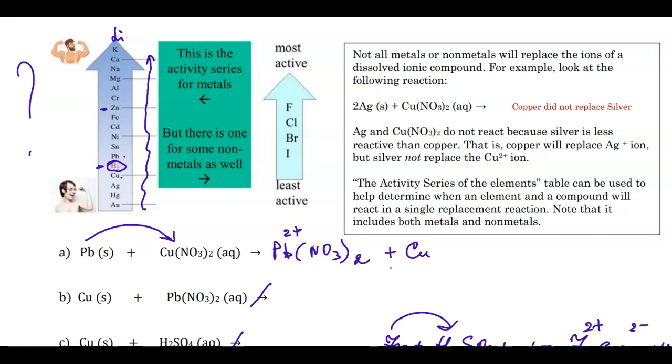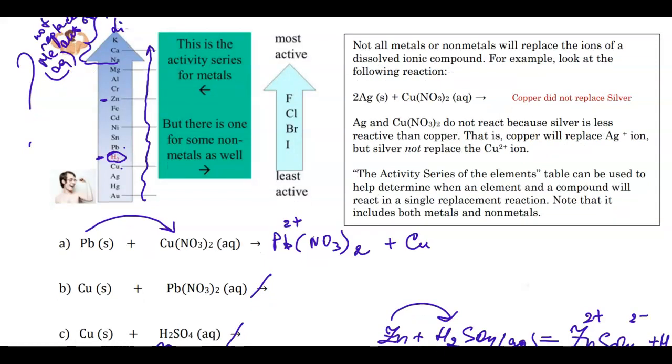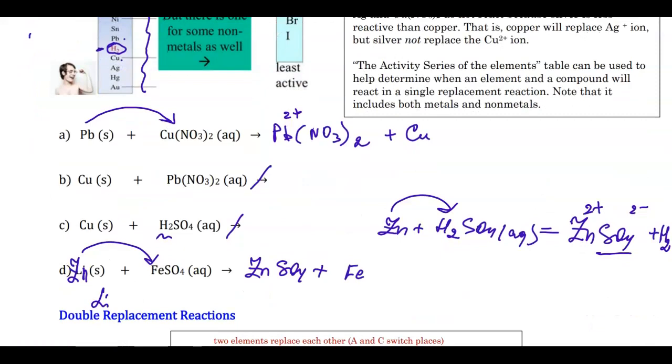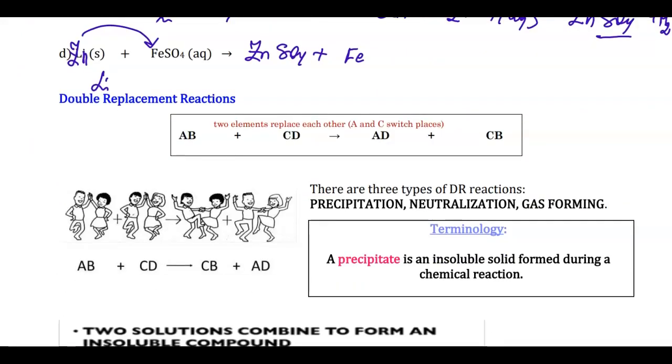But from lithium to sodium, you cannot use these metals to replace metals out of aqua. I mean, out of solutions, right? Because they react with water, and we will talk about that later.